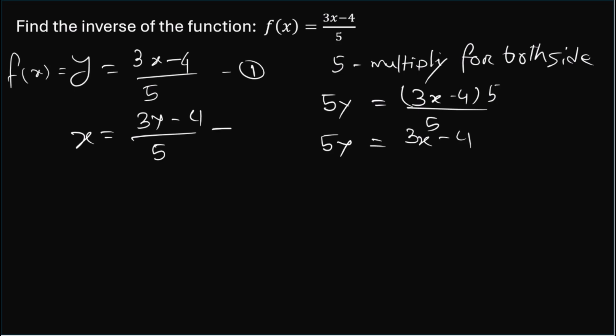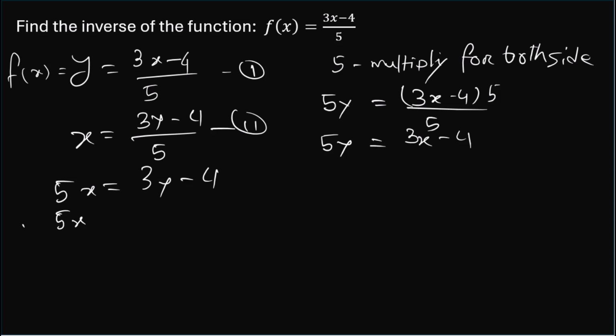We need to do this for the second equation. Here also 5 multiply for both sides. Here 5x equal 3y minus 4, and here we will add 4 for both sides.